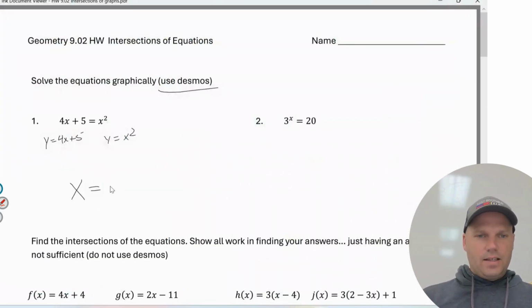So we could find that by separating the two equations, graphing them separately, and solving. This is how we can solve any equation with a calculator.